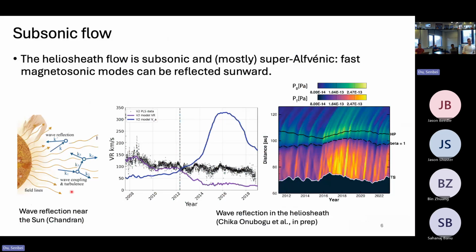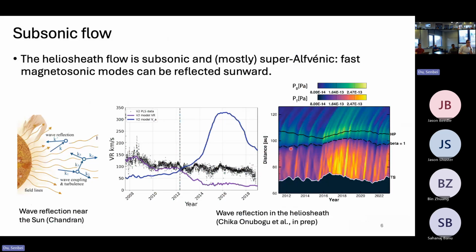And so I stole the figure from Ben Chandran here, and that shows the wave reflection near the sun. So essentially in the heliosheath, we can have some similar process, and that's shown in this global simulation from another DU student. This is a spatial-temporal plot, with space in the vertical direction, and we see these structures in the heliosheath.